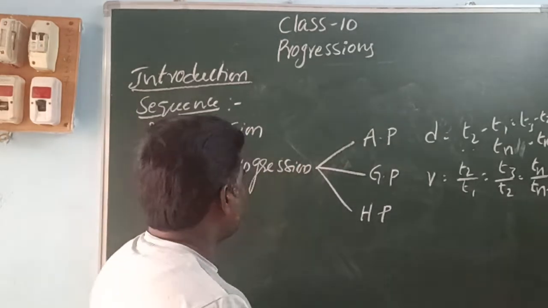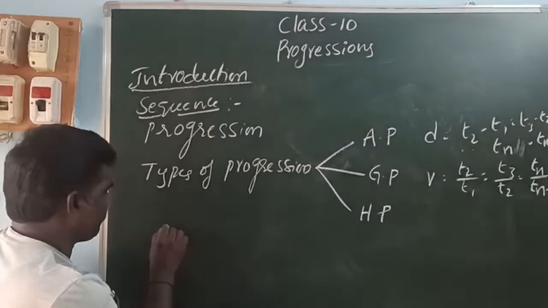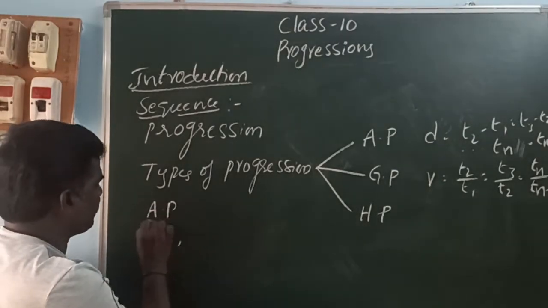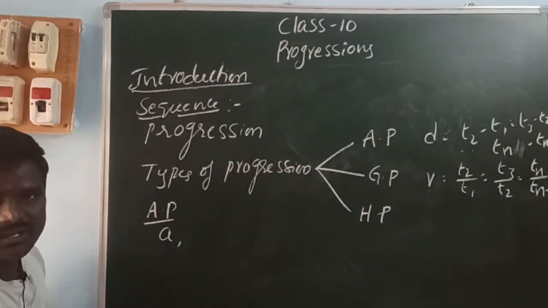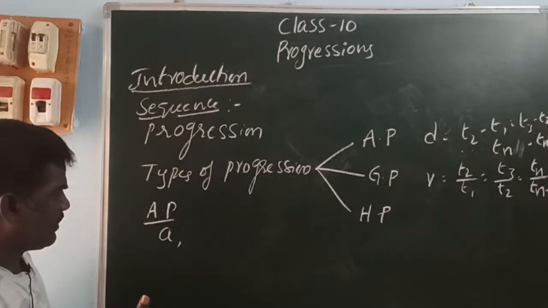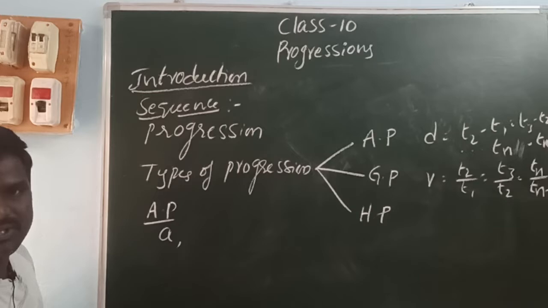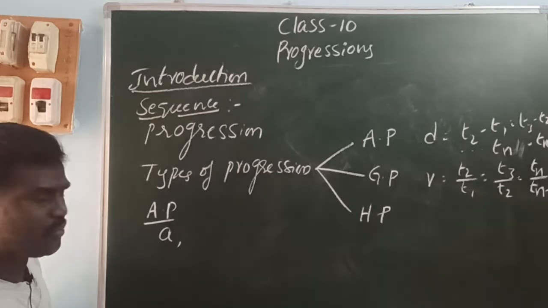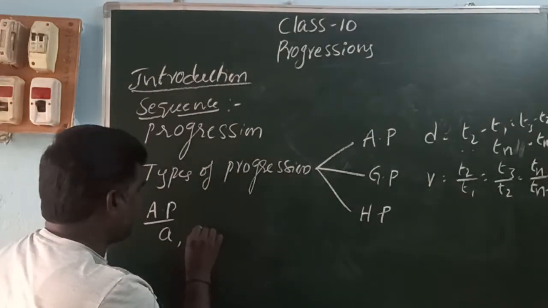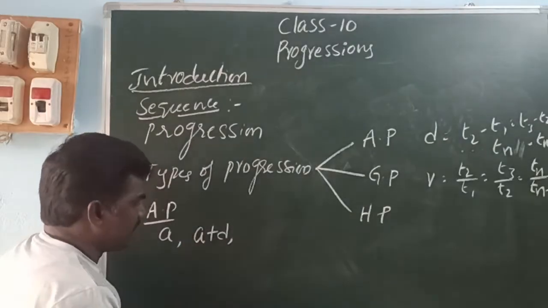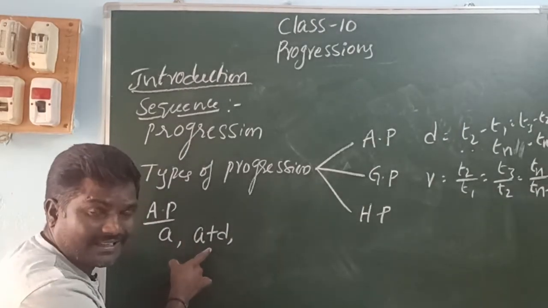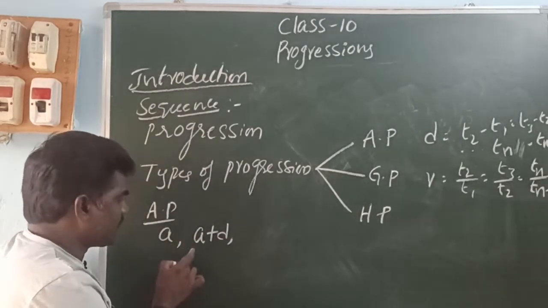Here is the general form of arithmetic progression. Let us take the first term as A. Arithmetic progression means the common difference is the same in the progression. What is the general form? First term A, second term A plus D, where D is the common difference.